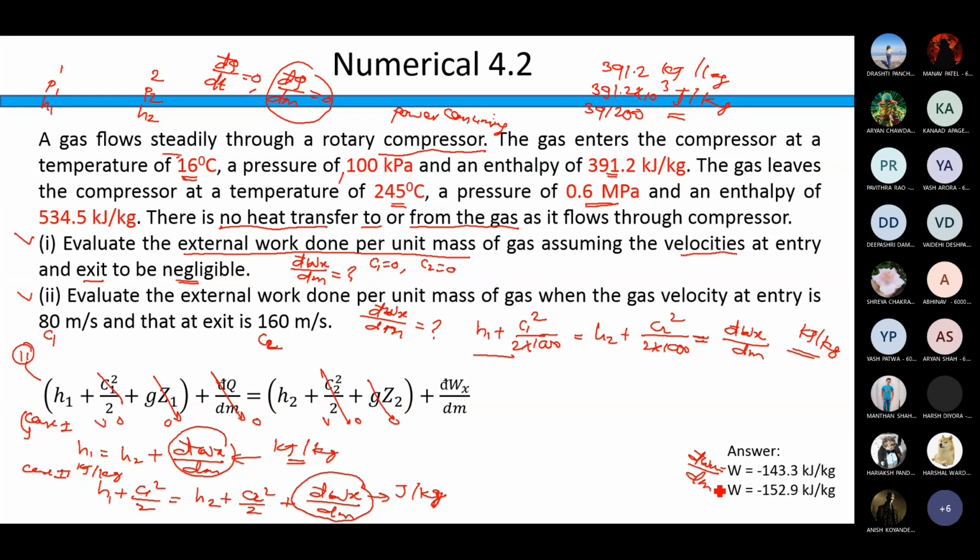You must have noticed by this time that I do not directly jump to the final form of the equation. I will always start with the basic form of the equation 10 or equation 11. And all the time I will do this, all the time. Is it correct? For second case, 1 minus 152.9.